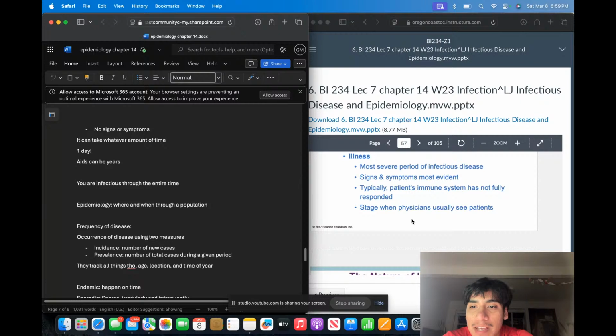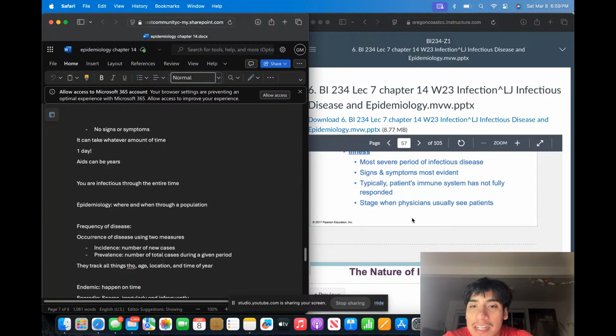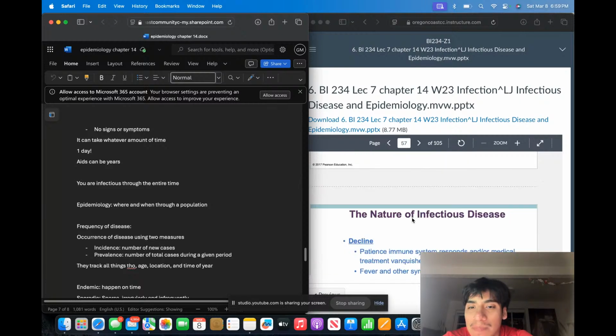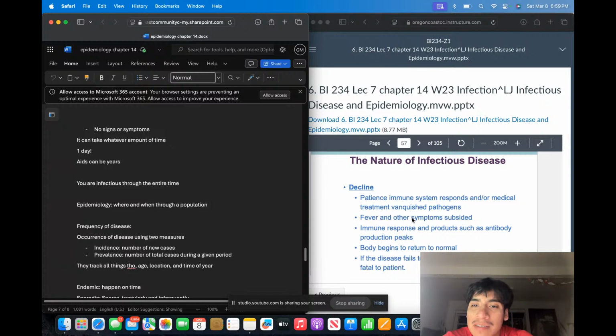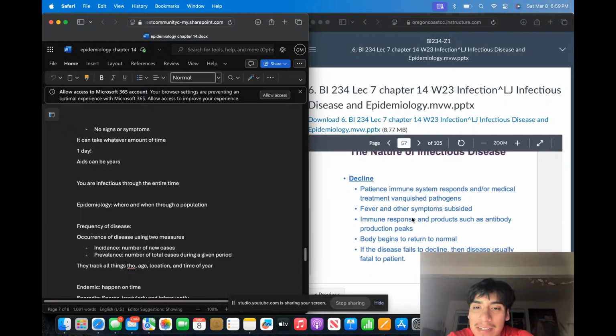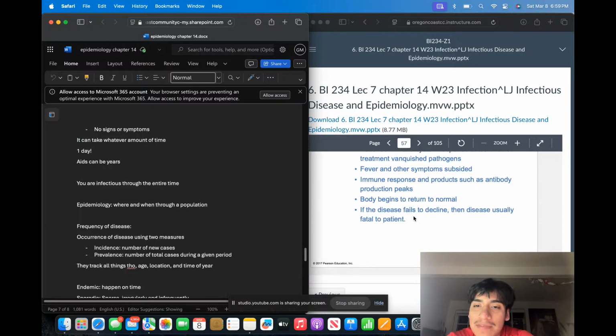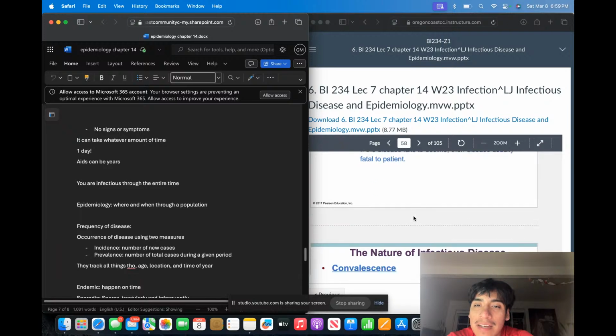Signs and symptoms are most evident and strongest at this stage, when physicians usually see the patient. Decline is when the patient's immune system responds or medical treatment helps vanquish pathogens. Fever subsides, but you're still feeling sick, and the body begins to return to normal. If the disease fails to decline, it is usually fatal to the patient.